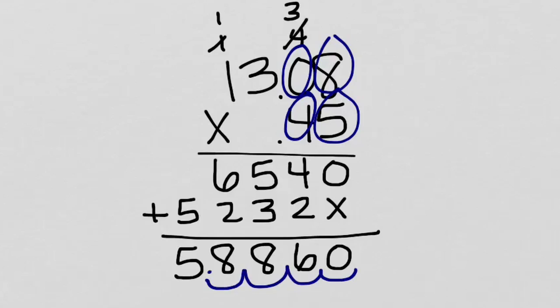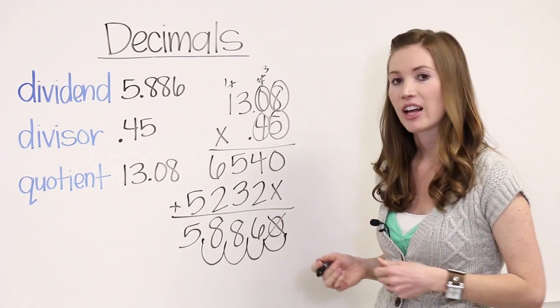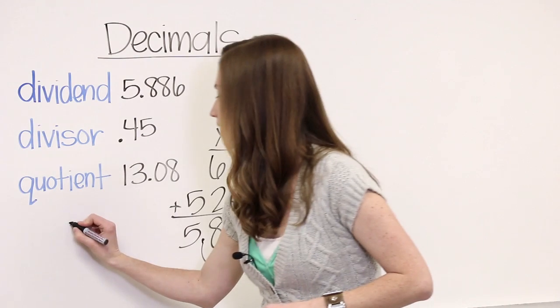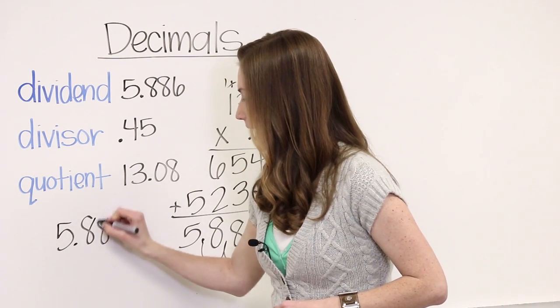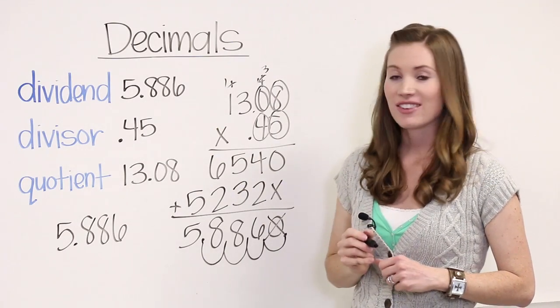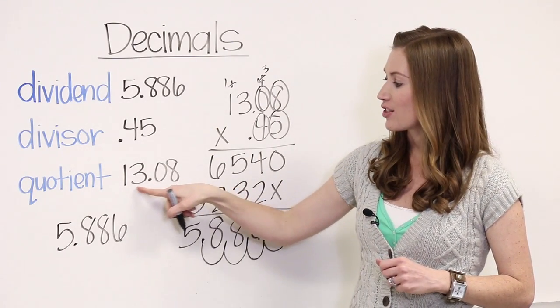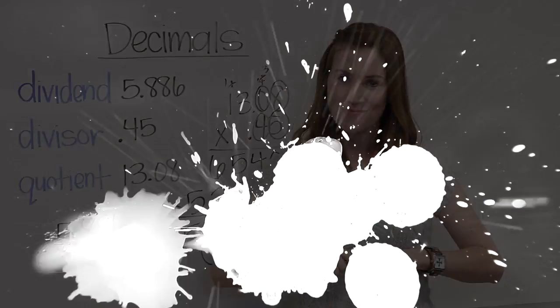And let's rewrite our final product. And we're going to leave out the 0 because it doesn't change the value of our number. 5 and 886 thousandths. That matches our dividend, so our quotient of 13 and 8 hundredths is correct. Great job.